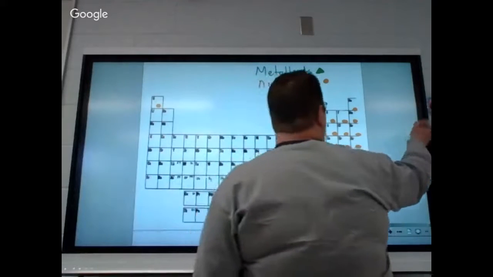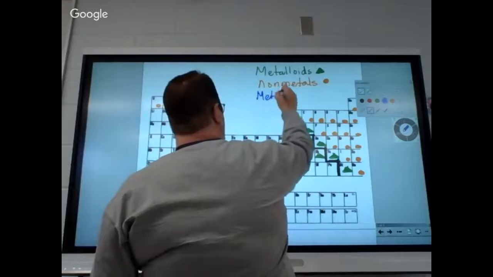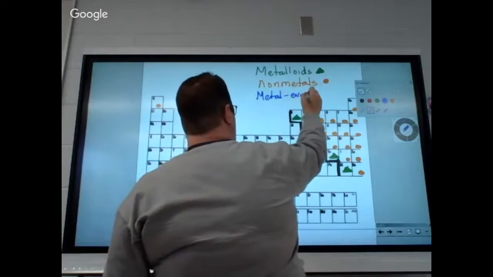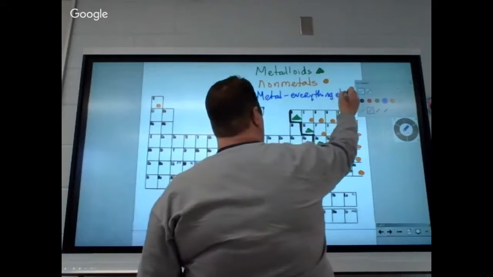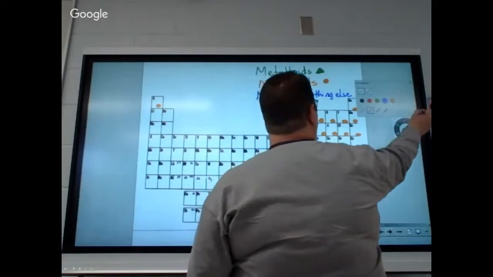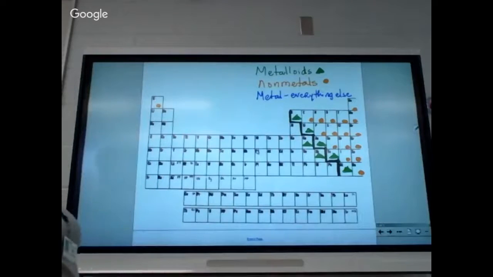Now, I am not going to put a symbol in for the metals. Everything else is a metal. If it's not labeled, it's a metal. So you can see the vast majority of the periodic table is what? A metal.